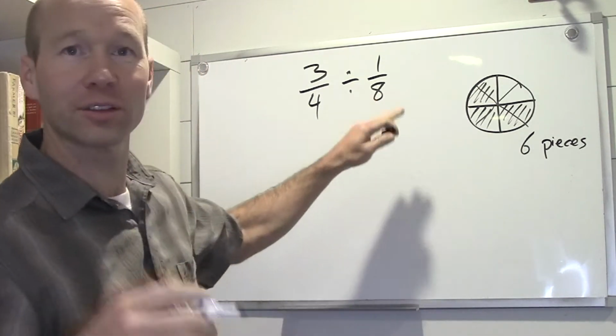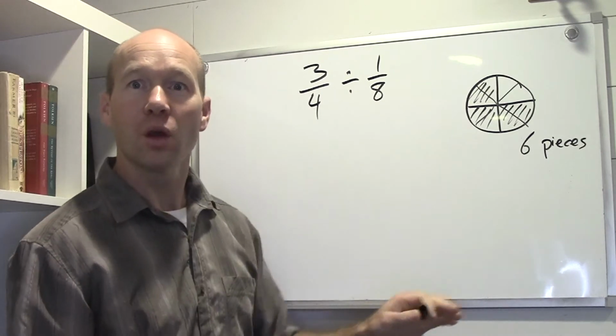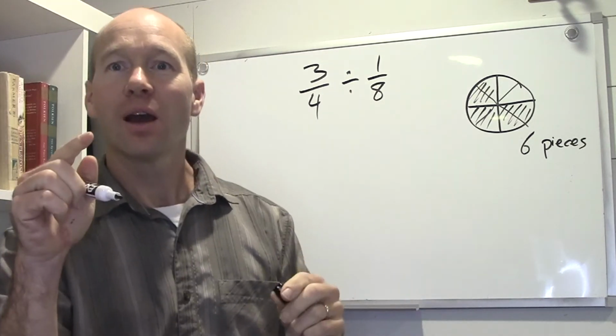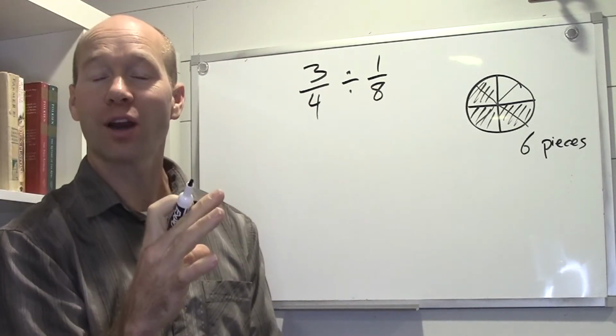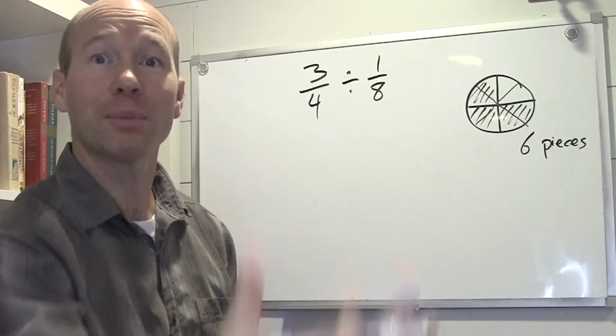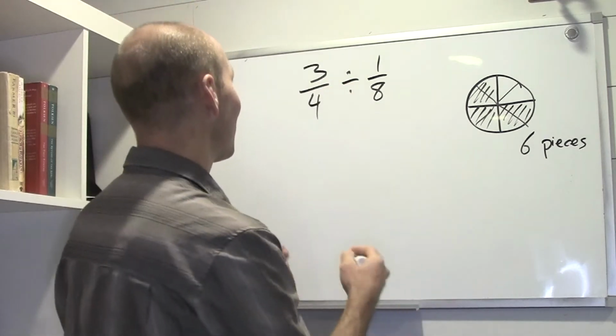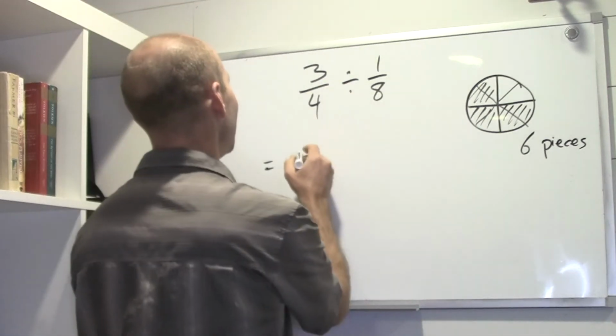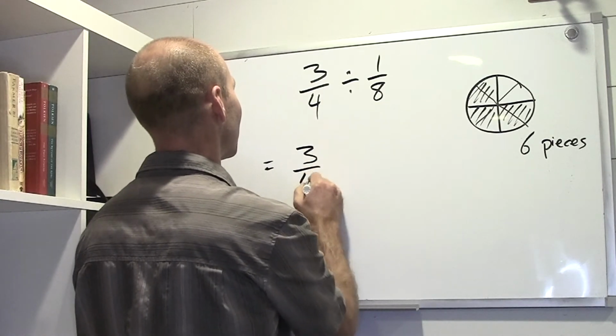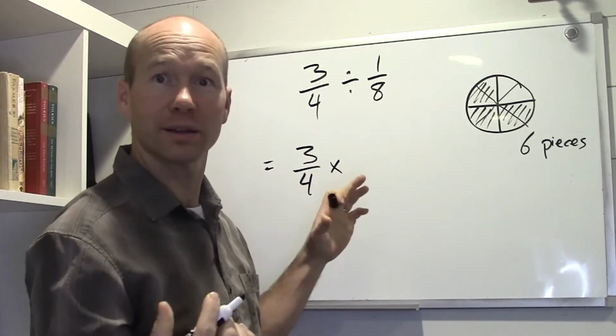So I have 3/4 divided by 1/8. When I divide by a fraction, I multiply by the reciprocal of the fraction. Remember, I multiply by the inverse of that fraction. So I get 3/4 divided by 1/8 equals 3/4 times what?